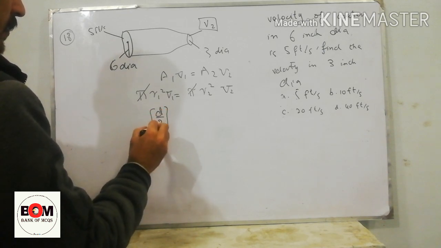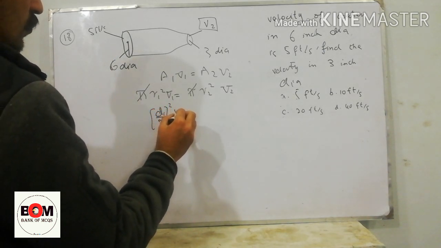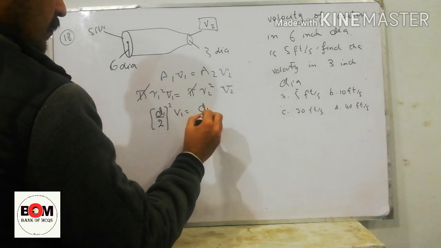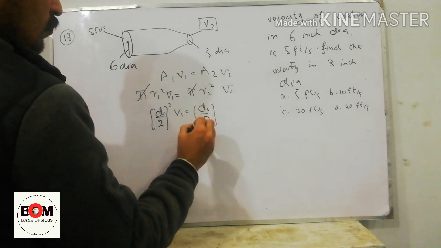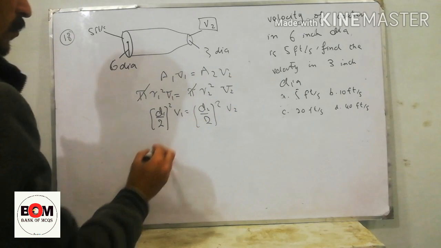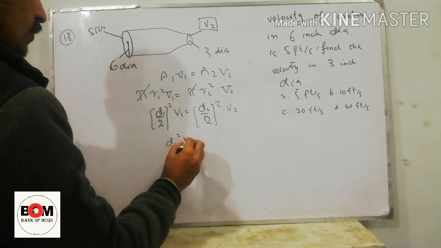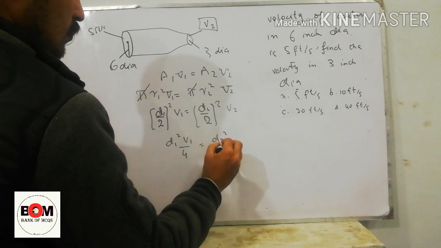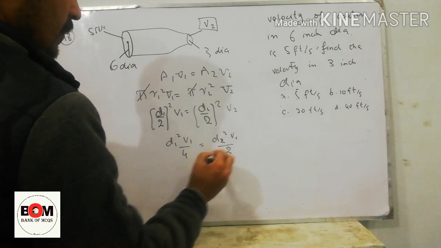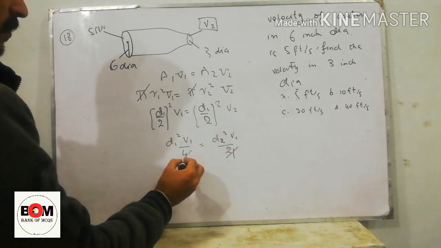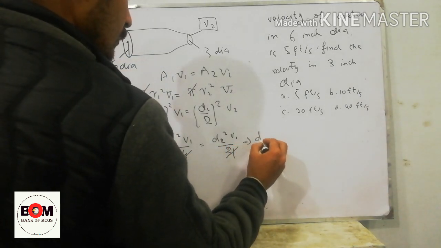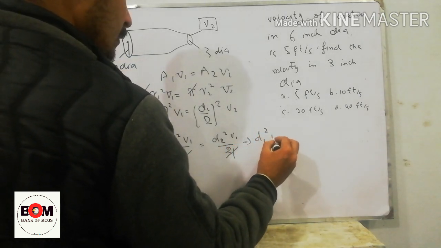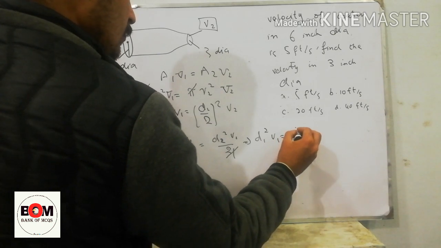So we get d1 divided by 2 whole square V1 is equal to d2 divided by 2 whole square V2, or d1 square V1 divided by 4 is equal to d2 square V2 divided by 4. 4 cancels with 4, so we get the equation that relates diameter and velocity.